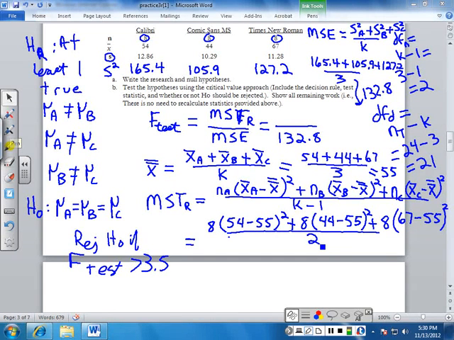Let's see, this first term, 1 squared times 8, I'm going to get that one in my head. That's 8. And then we're going to have 11 squared. That's 121 times 8. So that's 968. And then I'm going to have 12 squared, 144 times 8. It's 1152.